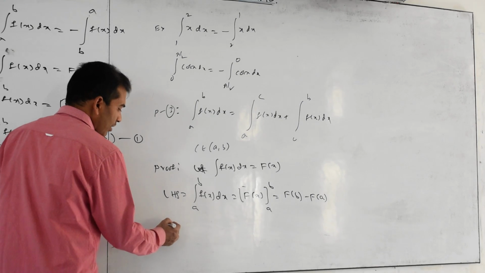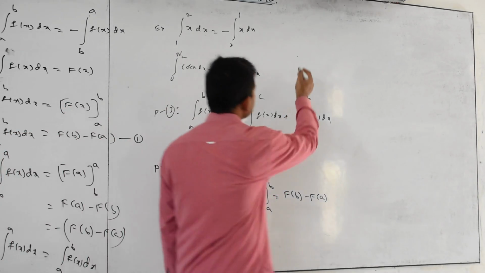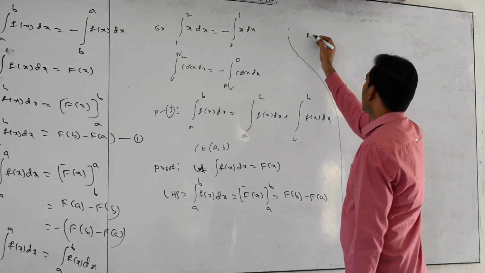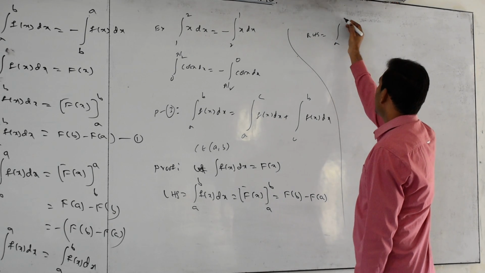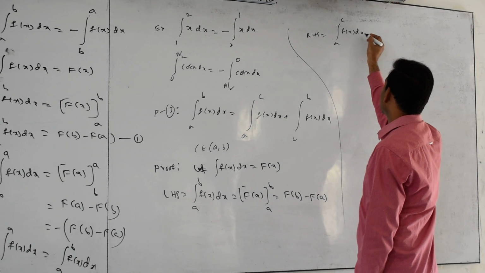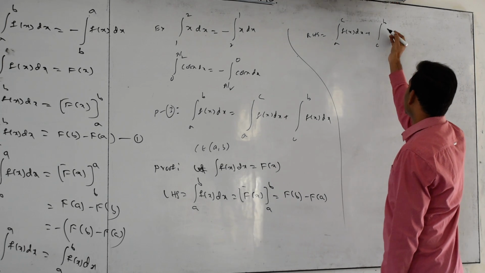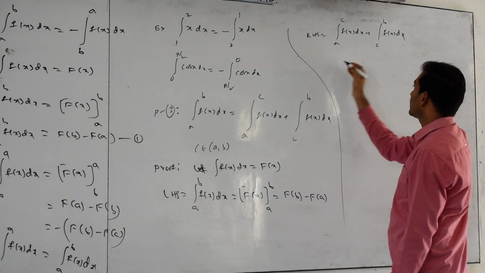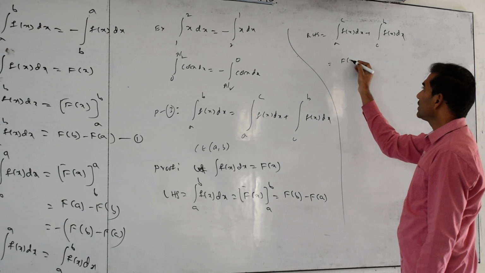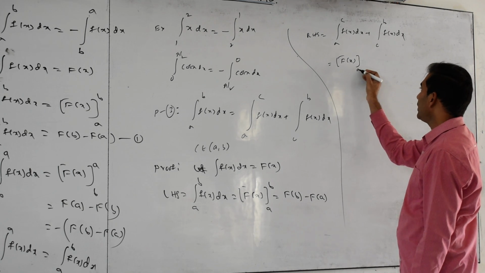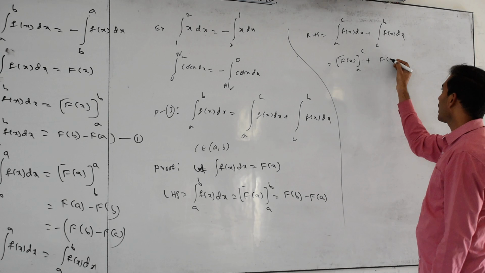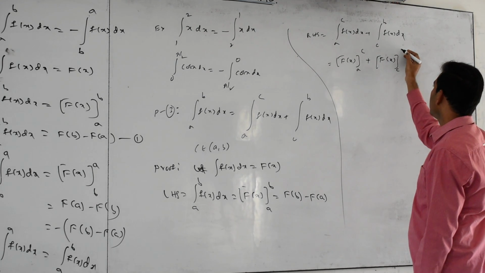RHS. RHS equals integration of a to c f of x dx plus integration of c to b f of x dx. Integration of f of x is capital F of x, limits a to c. This is also capital F of x, limits c to b.